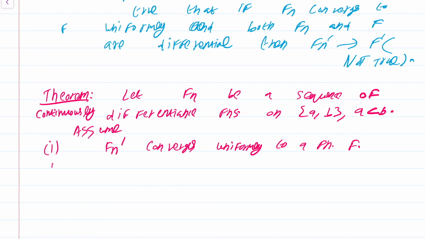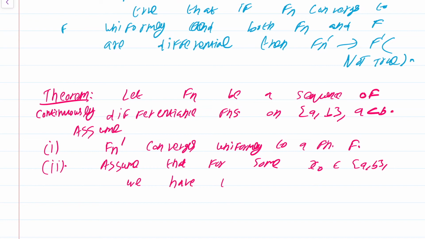The second hypothesis is assume that for some x_0 in the closed interval [a, b], the sequence f_n(x_0) converges.